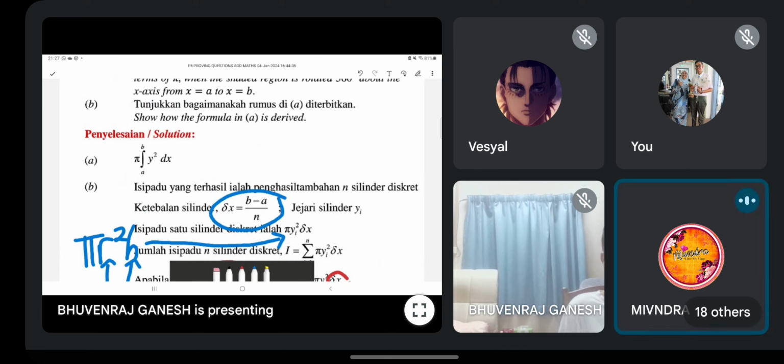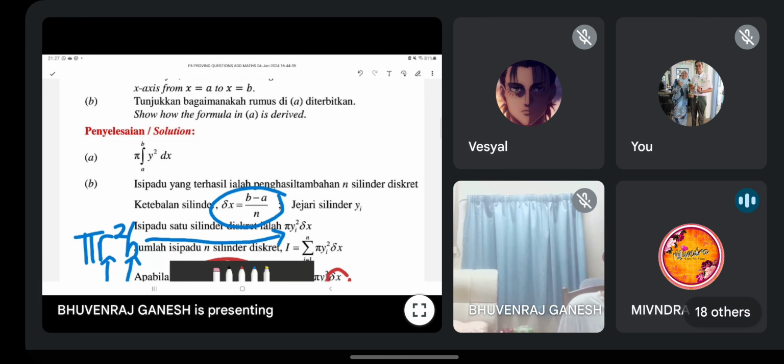Okay, untuk ni isi padu kisaran 360 darjah. Jadi kita guna pi, lepas tu pengamiran a hingga b y square dx, ikut situasi dx ke dy.